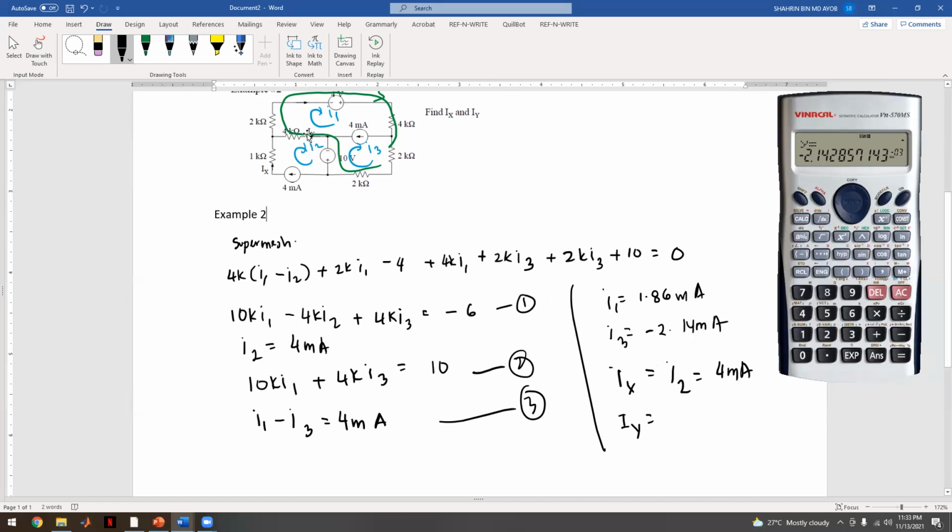Iy is in the same direction as I1, so we assume the equation is I1 minus I3. Your I1 is 1.86 milliamperes minus negative 2.14 milliamperes, which is plus 2.14. So 1.86 plus 2.14 will become 4 milliamperes.